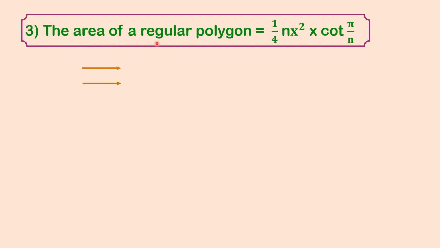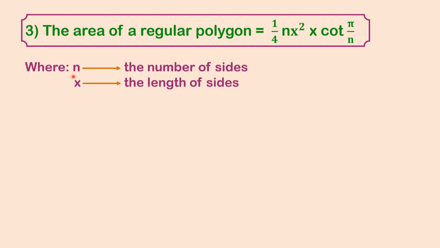So the area of regular polygon means the polygon whose sides are equal in length and whose angles are equal in measure. Where n is the number of sides, and x is the length of the sides.